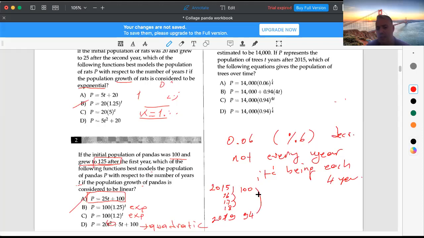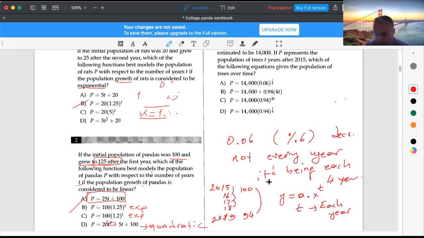When? After 4 years. My formula, which is y equals a times x to the power of t, this t refers to each year, to use this formula. When I go 15 to 16, 16 to 17, 17 to 18, 18 to 19.